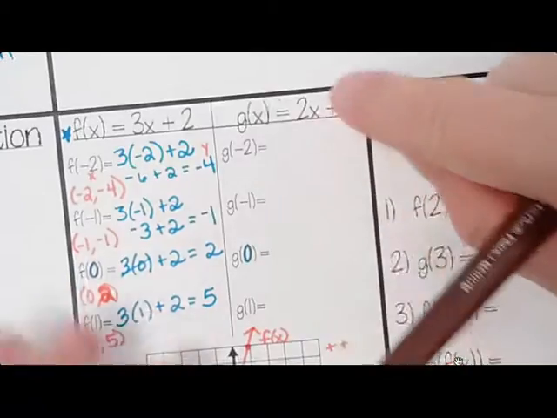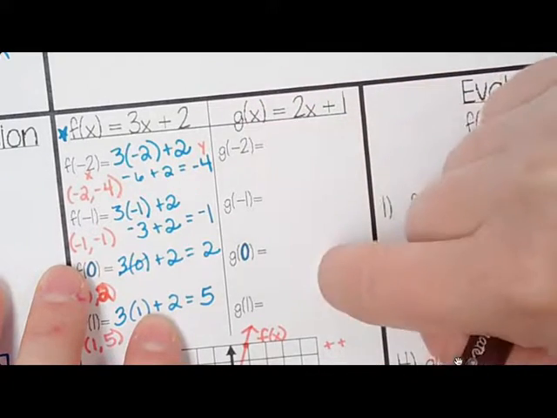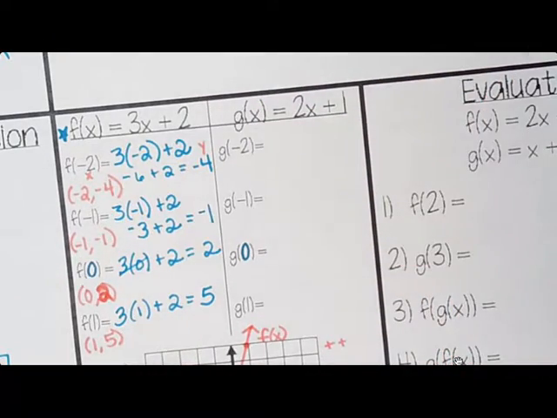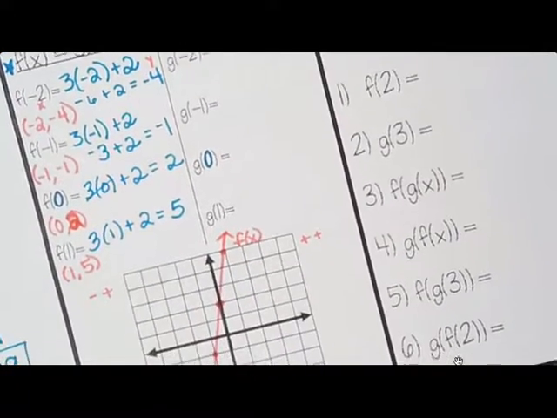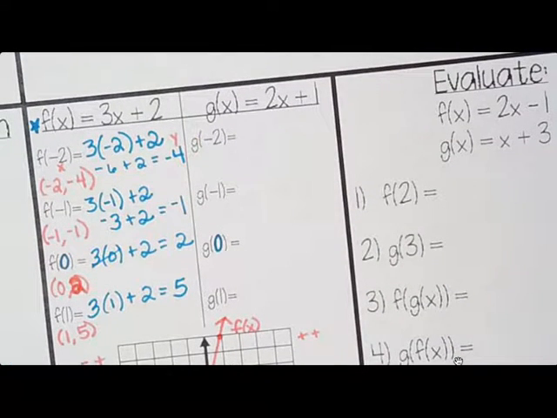Okay, so go ahead and do g of x now by yourself and graph it. It should be a straight line. It will be a straight line. 2x plus 1.